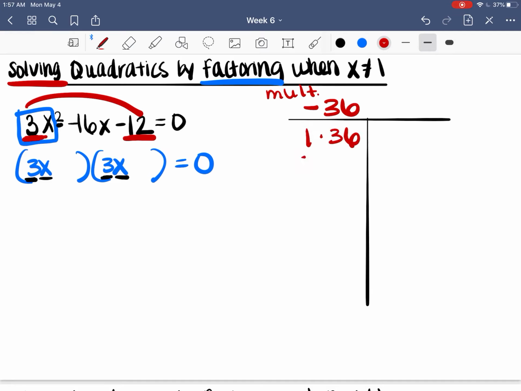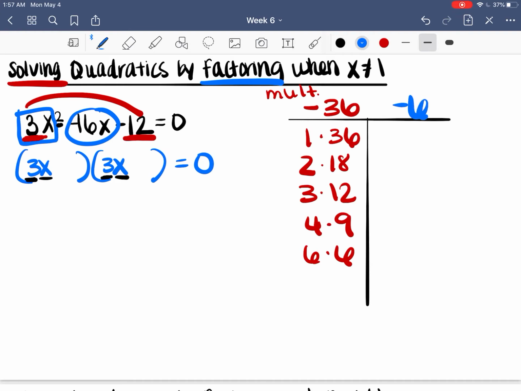Like 1 times 36, 2 times 18, 3 times 12, 4 times 9, and 6 times 6. We are going to pick only one of those pairs that would give me negative 16 in the middle, either by adding or subtracting to negative 16. So which one would give me negative 16 in the middle? It will be 2 and 18.